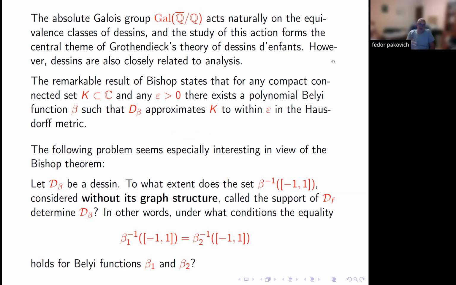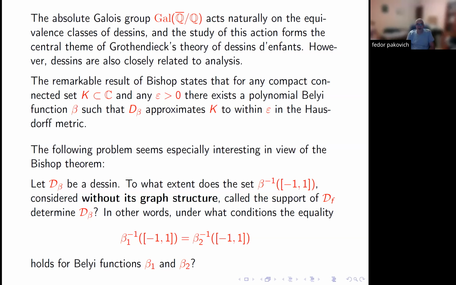So it is related to number theory. However, these dessins are also closely related to analysis. For example, the remarkable result of Bishop states that for any compact connected set K and any epsilon, there exists a Belyi function, even a polynomial Belyi function, beta, such that this dessin approximates K to within epsilon in the Hausdorff metric.